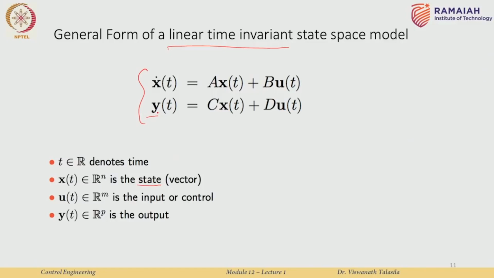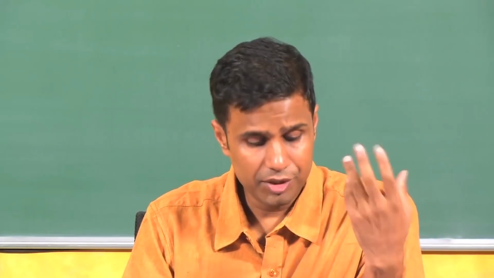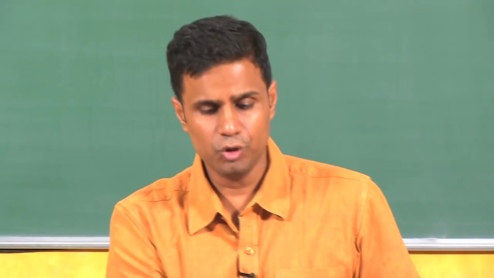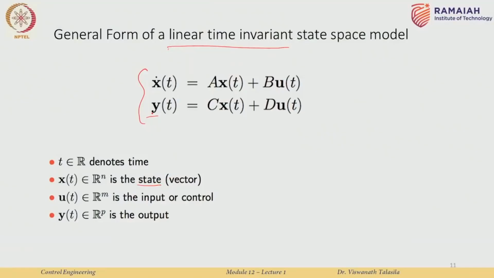There are some states which we can measure, some states which we cannot measure, and in general you may not even be able to measure states, but for this particular lecture we will assume that y are the measured states. And u over here is the input which we give to the system, and u need not be a single input, it can be multiple inputs. We are looking at state space, so multiple inputs are permitted.